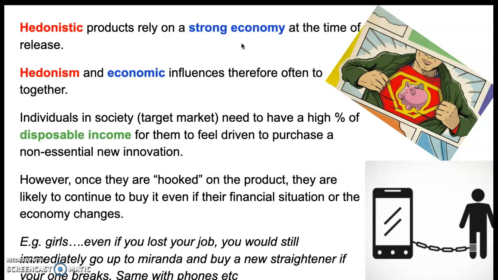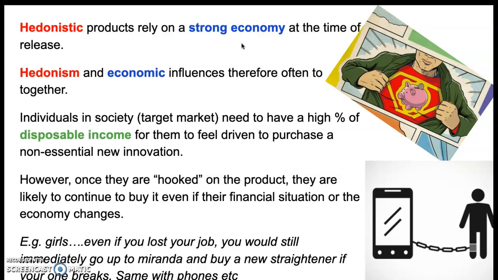If the economy is not strong and people don't have high disposable income, they're not going to want to buy some new flashy fancy thing that's just come on the market. I need to have already paid my bills, my rent, bought my food and clothes, and then I still have to have a decent sum that's my play money, my disposable income, so I can say, yeah, I'm going to buy AirPods and make my life rely on these things now.